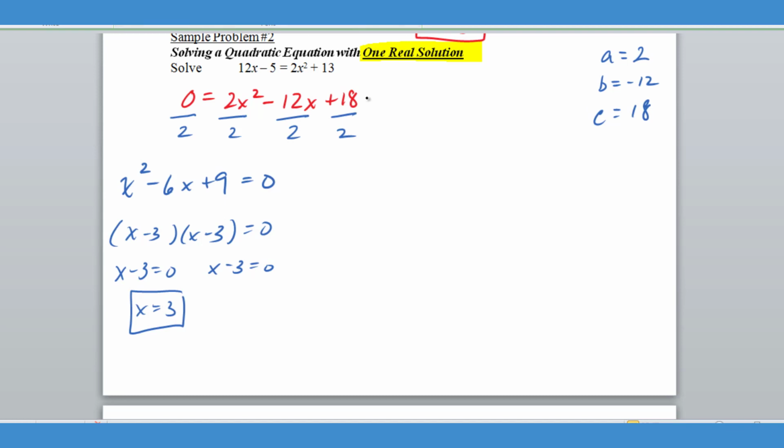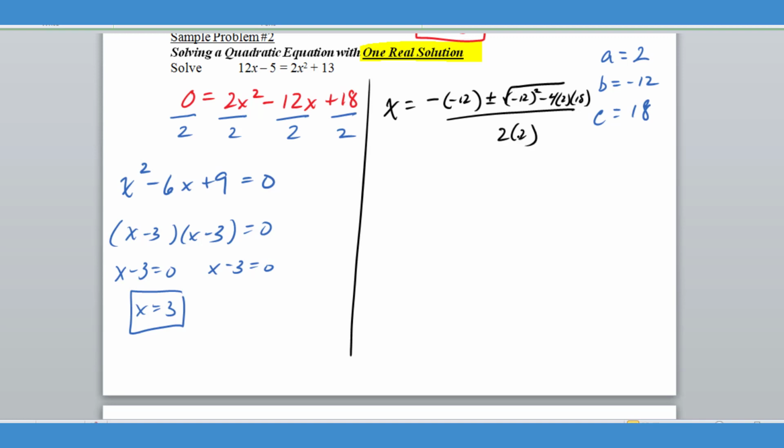Now, if I did want to go forward with working the quadratic formula, I could have done that simply by plugging in my values here. -12 plus or minus the square root of -12, make sure you square it, minus 4 times a times c, all over 2 times a.